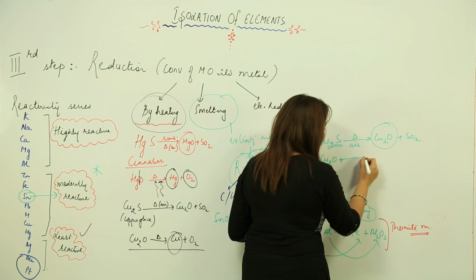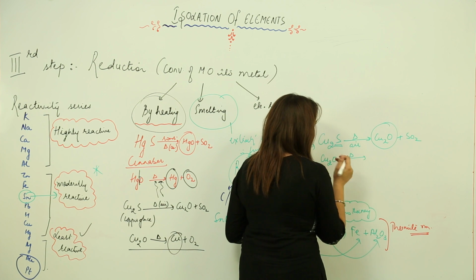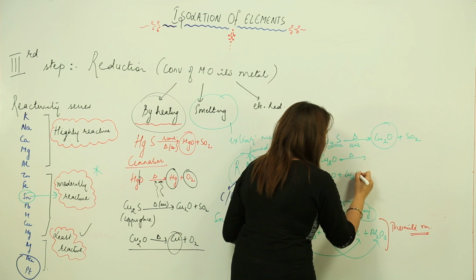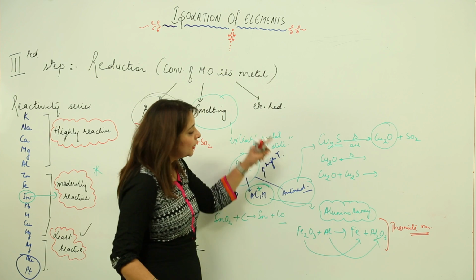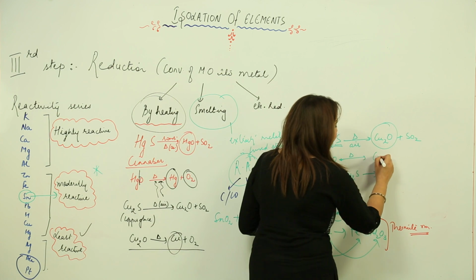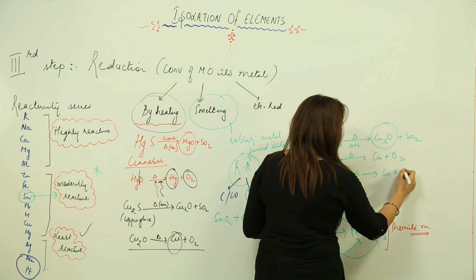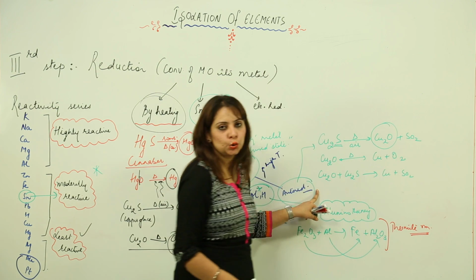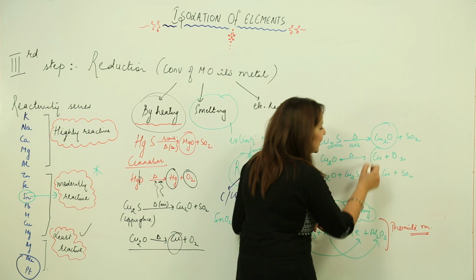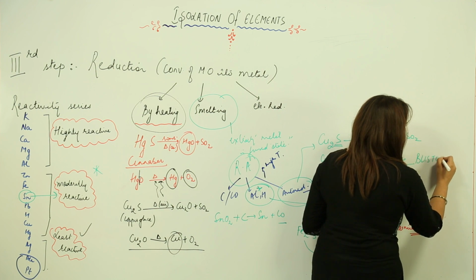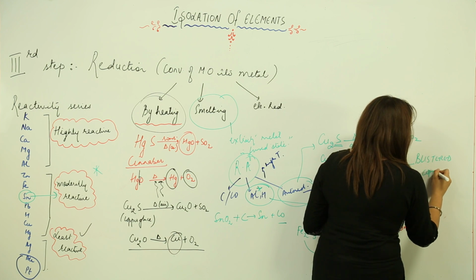Either I can heat it, or I can react it with the partially oxidized form of its own ore. In both cases we get pure copper, but here the gas will be SO2. The copper obtained by this process is called blistered copper.